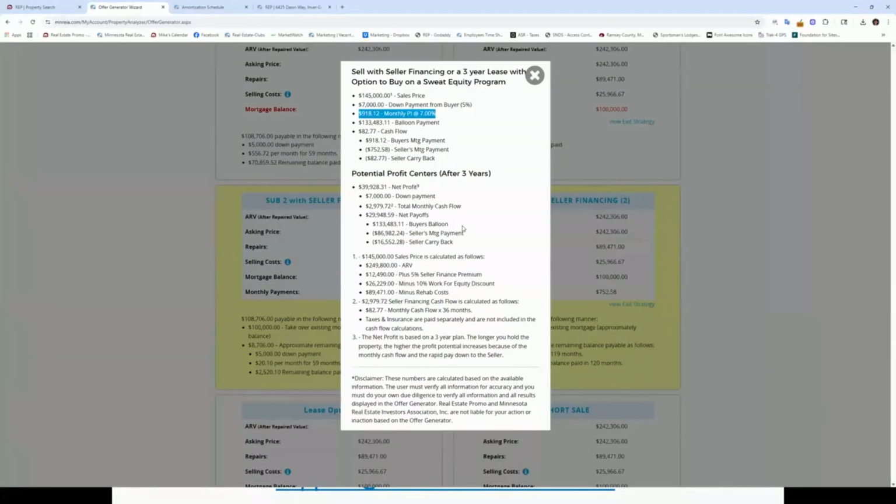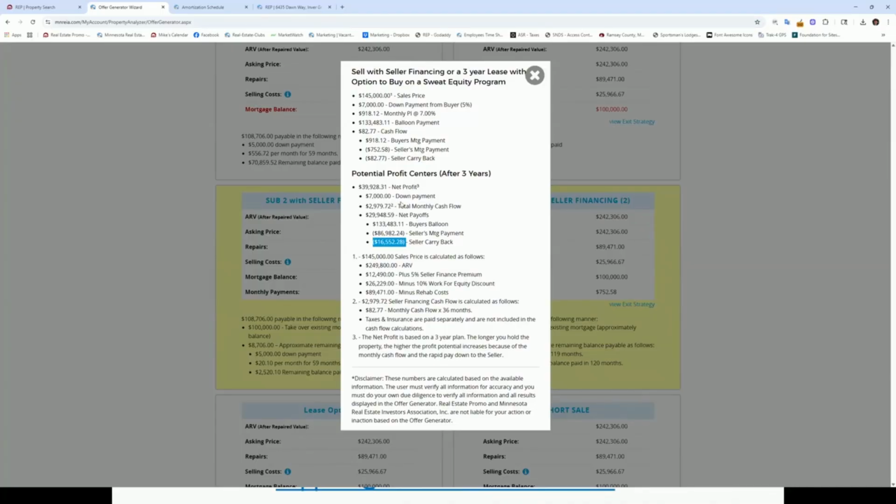Well, if you look at them paying us off after 3 years, let's see, the buyer's balloon to us is 133. We pay out the seller's of 86,982 plus the seller's principal, which originally was 19,000, and we're only calculating $80 a month payment, and so we only owe them 16,500.